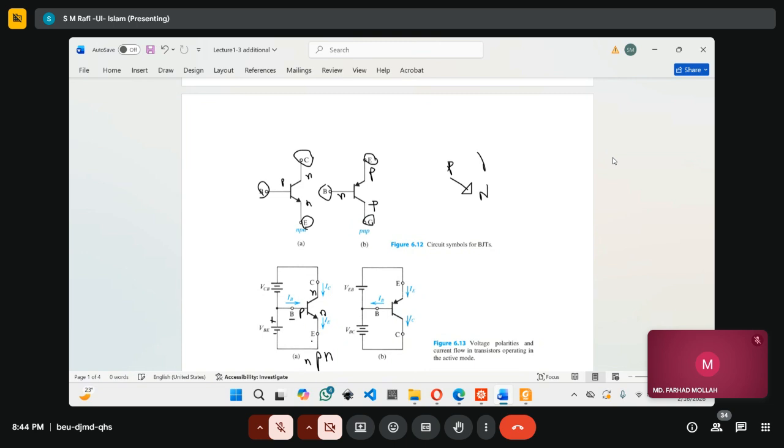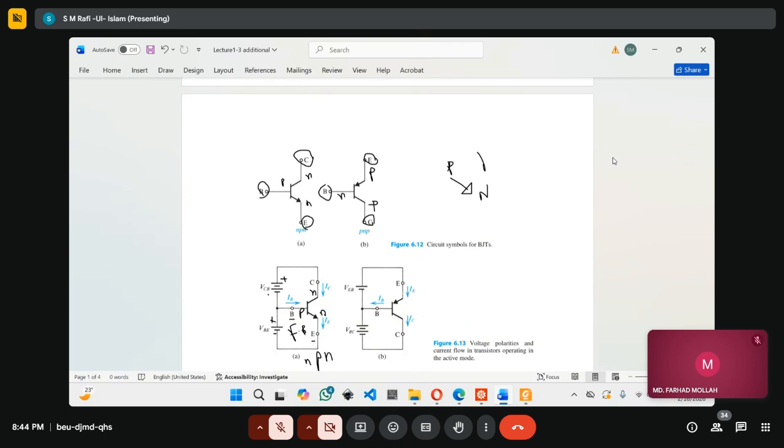So the base-emitter junction is in forward bias, whereas the collector-base should be in reverse bias, as we mentioned earlier. You see, this is the positive terminal of this voltage. We denoted it by VCB, just a name.